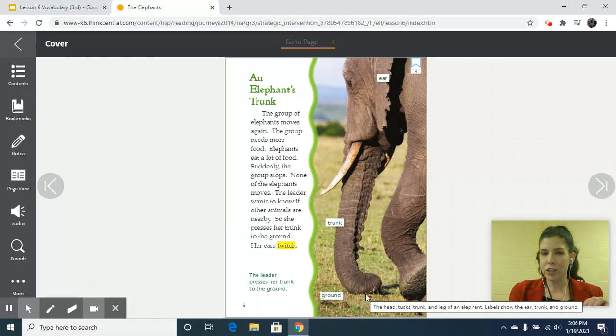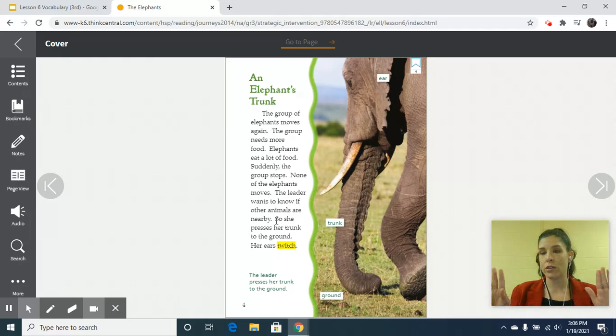Why? Why is she doing that? That's right. The leader wants to know if other animals are nearby. So if they are, she's going to either leave, she might stay and tell the group to be quiet, or they might just venture off.